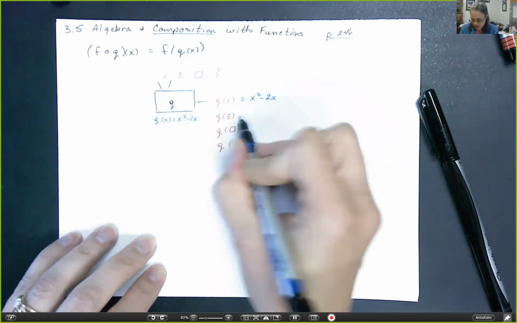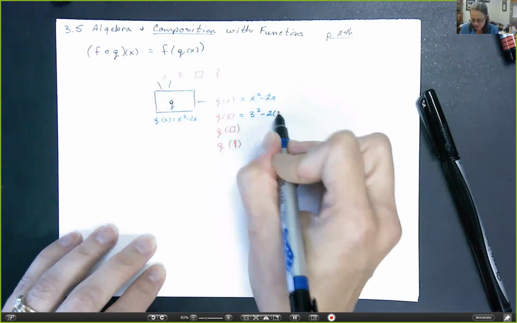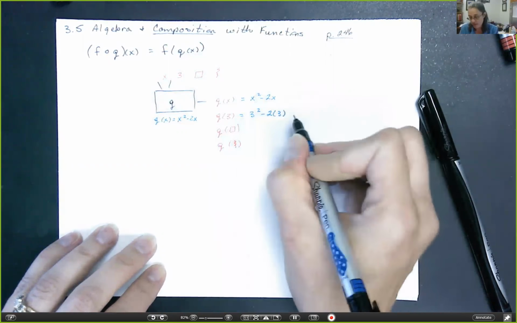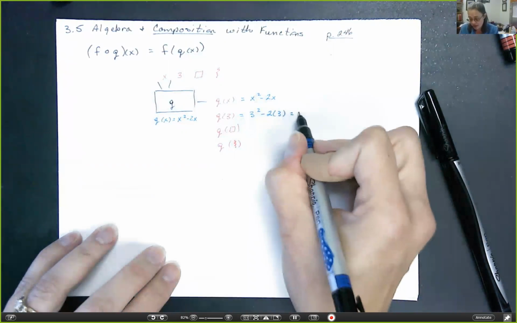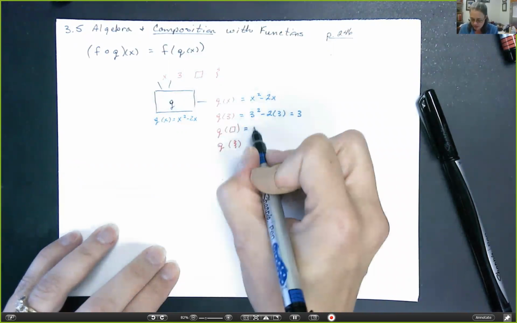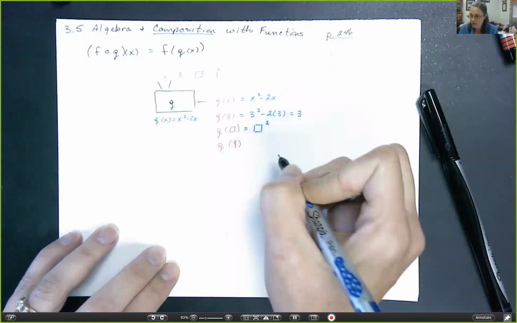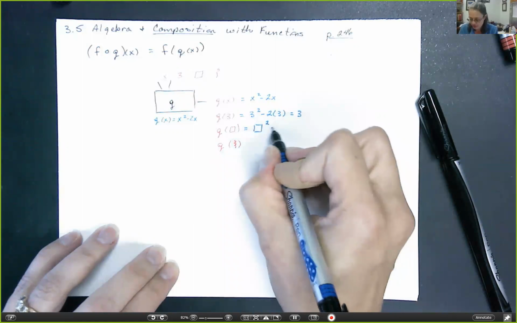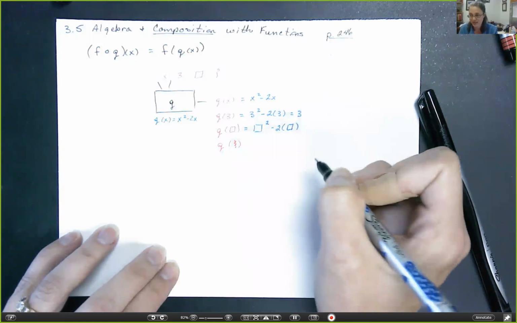G of 3 is 3 squared minus 2 times 3, which is 9 minus 6, or 3. G of the box would be whatever is inside the box squared minus 2 times whatever that box is.